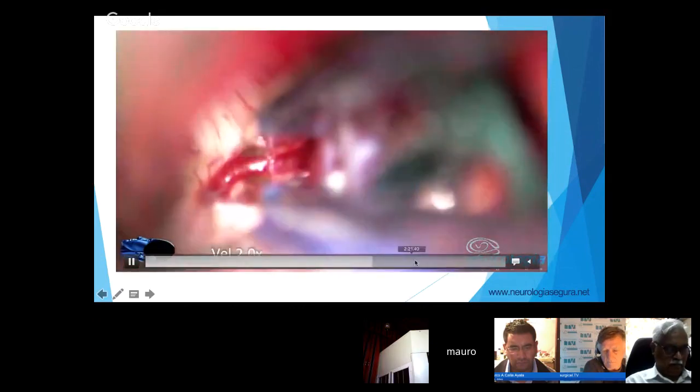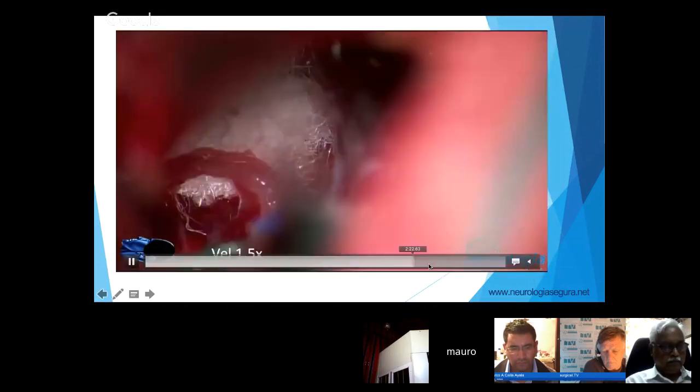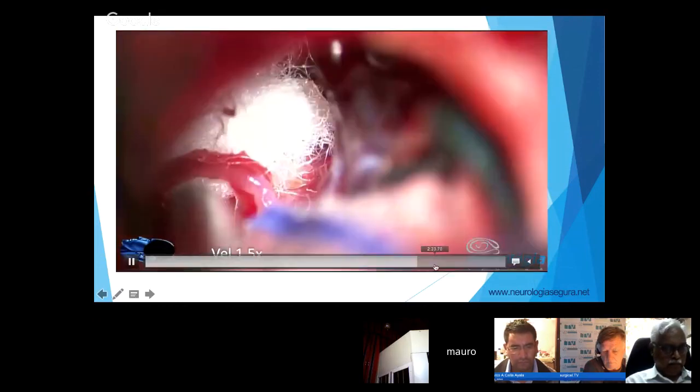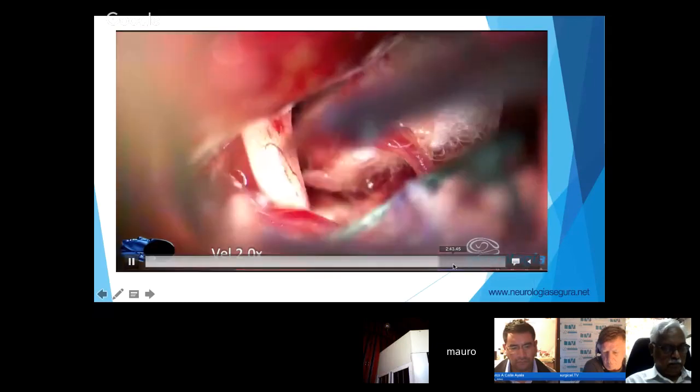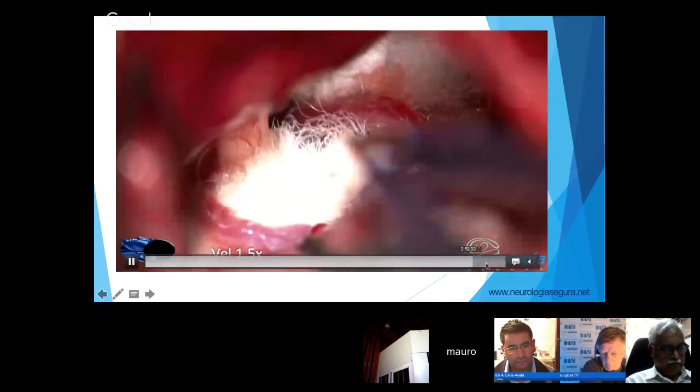And this is vasa nervorum. Sometimes it's possible to sacrifice it. And then we can see the trigeminal nerve root absolutely clean.